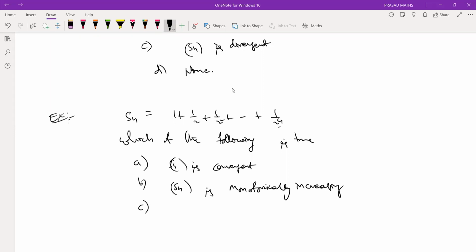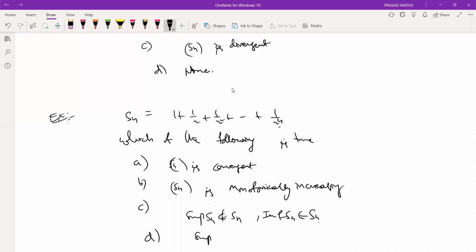C: Sn has supremum of Sn belonging to the set. Can you say this is the supremum? Supremum of the set belongs to the sequence, and infimum of the set belongs to the sequence.